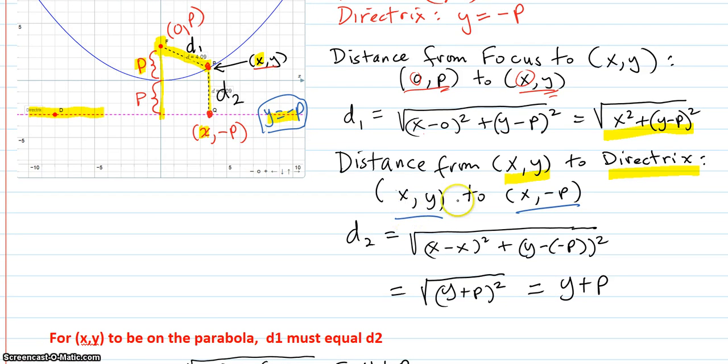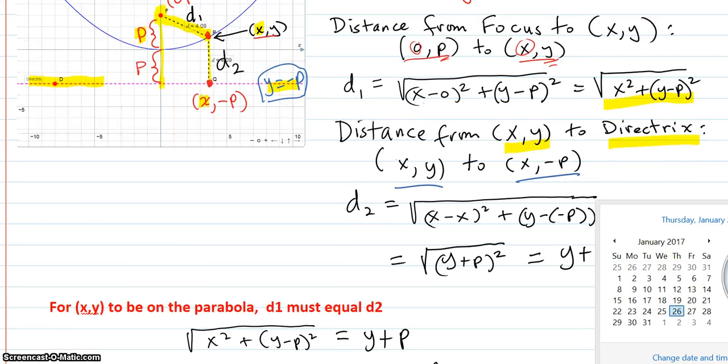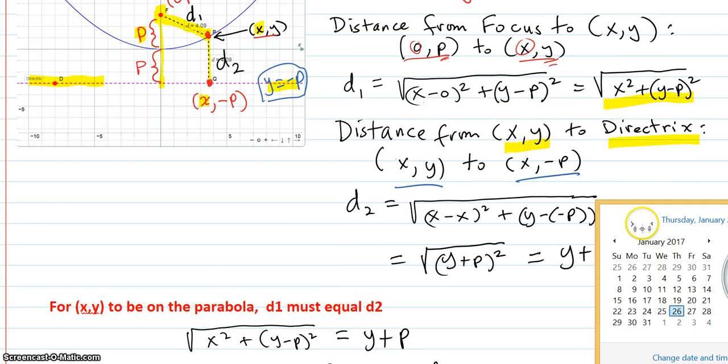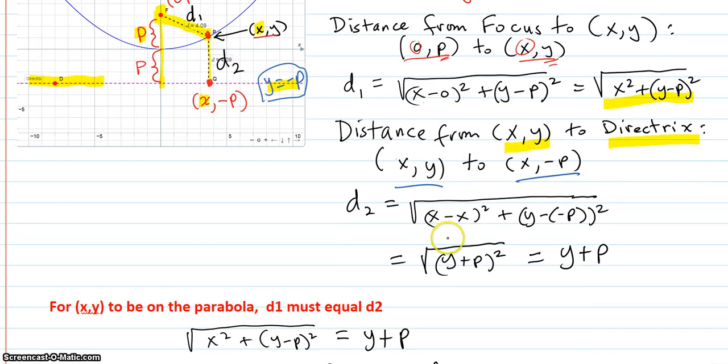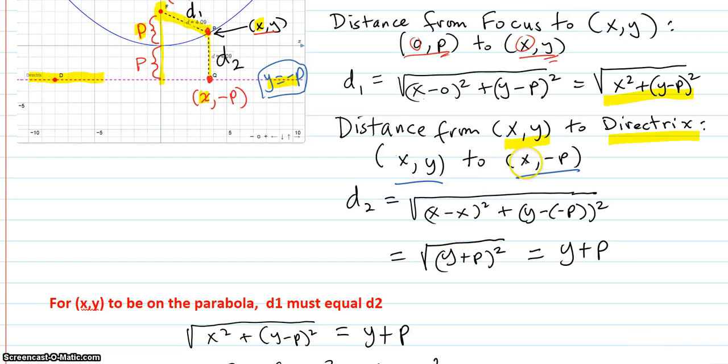So that will be the delta x. The delta x will be x minus x, squared, plus the delta y, which is y minus negative p. Either direction you do it, you're going to square it anyway. So that's y subtract negative p, and that's being squared.